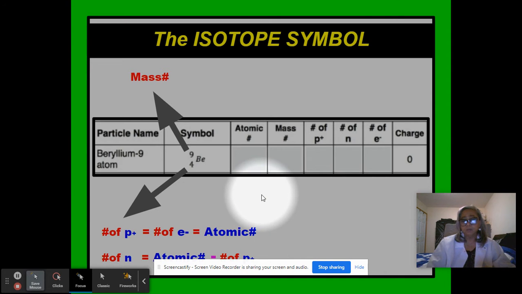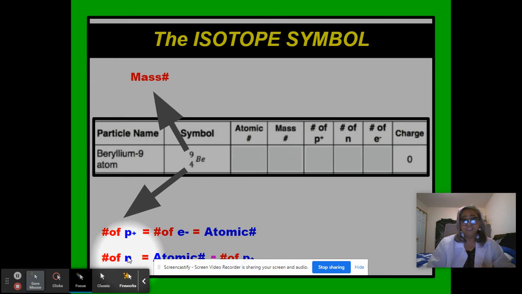Remember that when we talk about atoms or the elements, they are basically electrically neutral. And of course, they get charged up when they combine with other elements to form compounds.